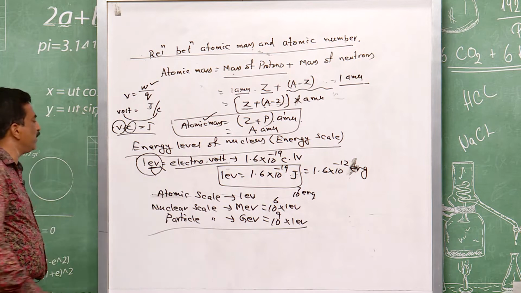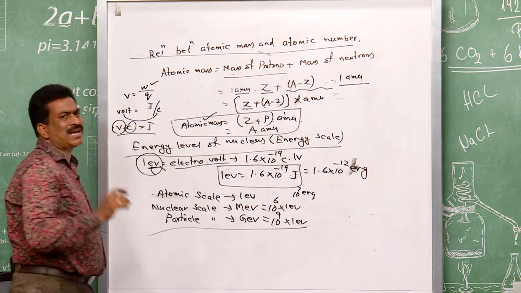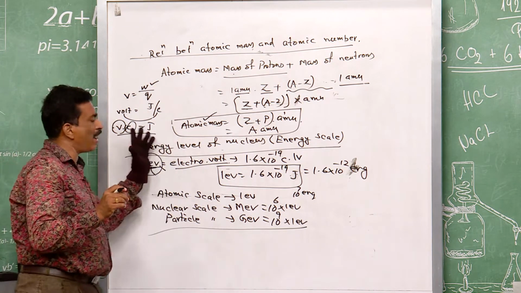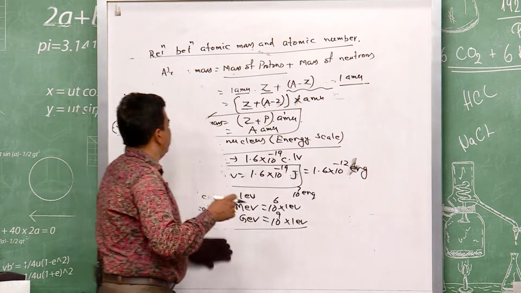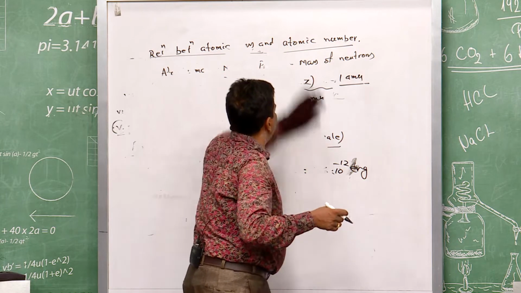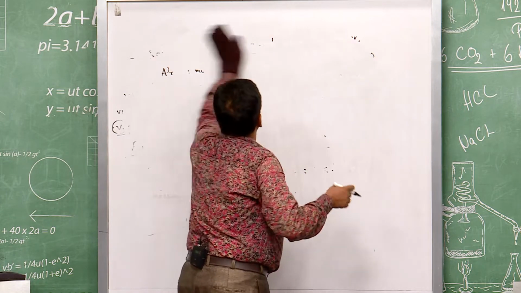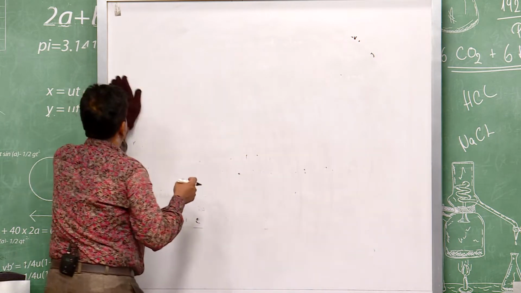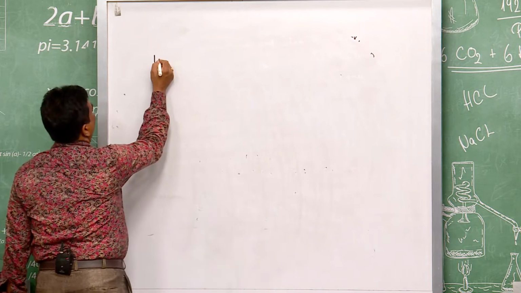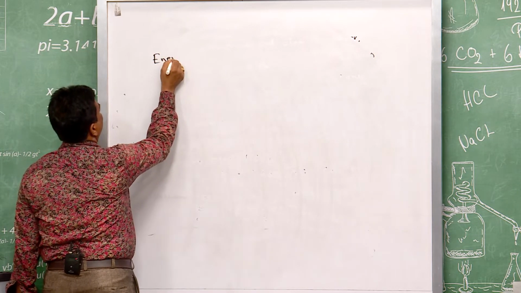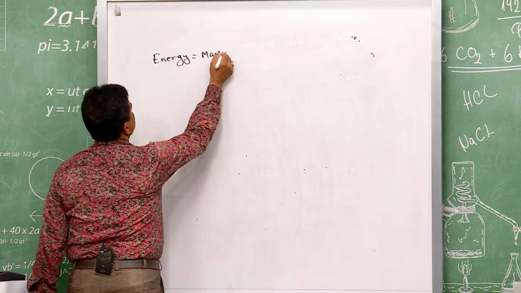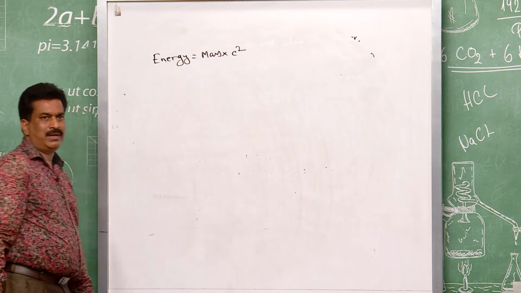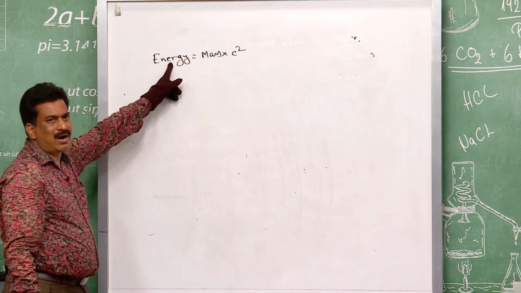So here the question comes: if some mass is associated, what makes that mass? According to Einstein's relation of energy with mass, you know that energy is equal to mass into c square, and we have an expression for how you derive that.